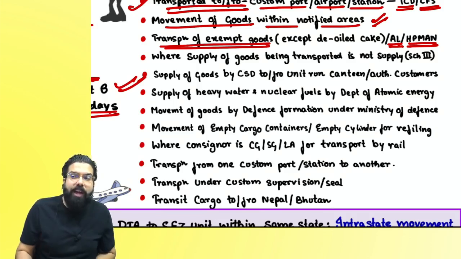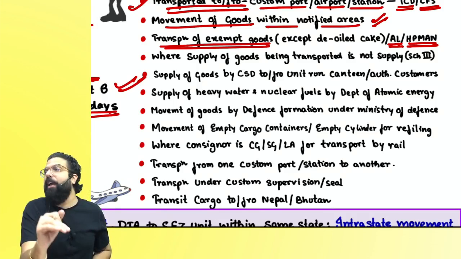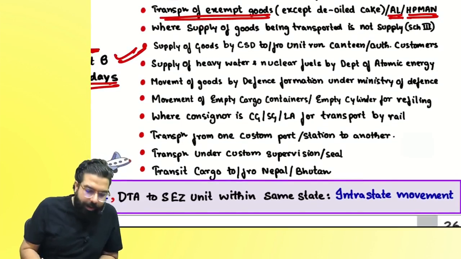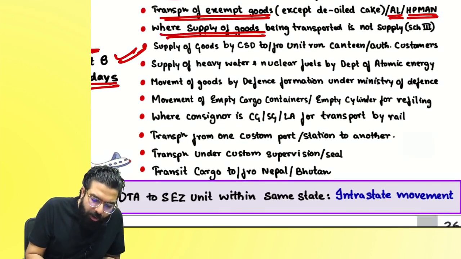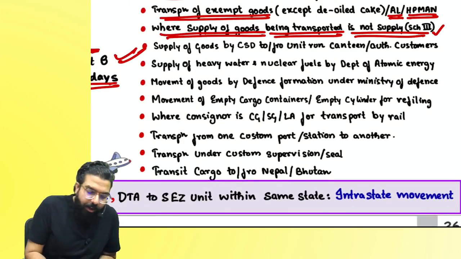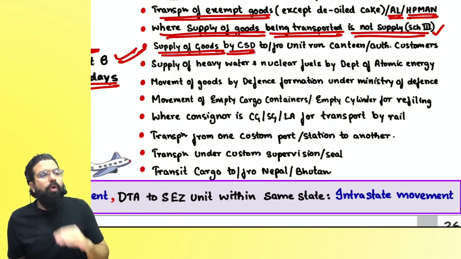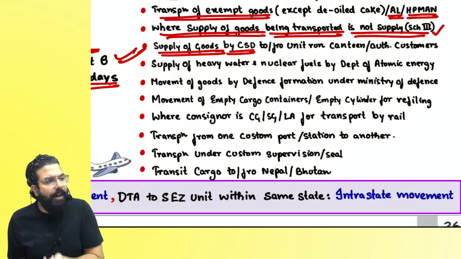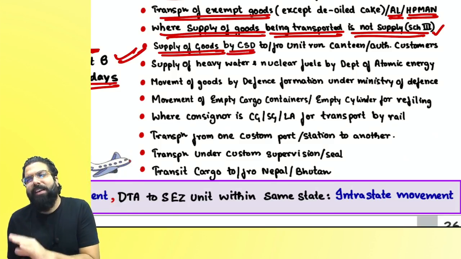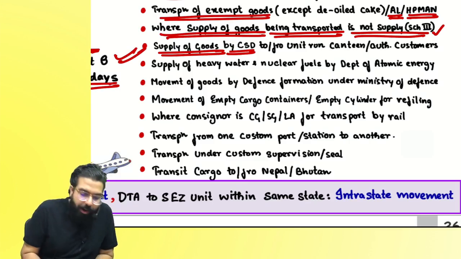If exempted goods like de-oiled cake are being transported, always remember an e-way bill will be required. If the goods being transported are not a supply under Schedule 3, an e-way bill is also not required. When goods are supplied by the Canteen Stores Department to or from a unit-run canteen or authorized customer, basically these CSD canteens, e-way bill is not required.